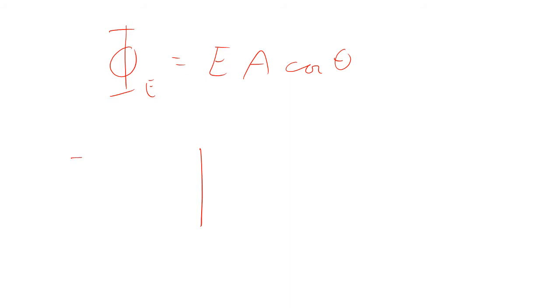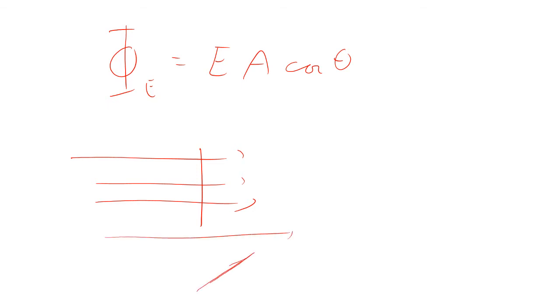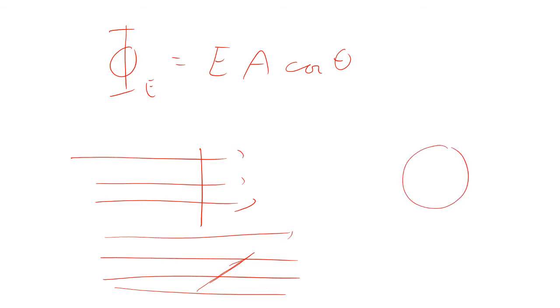So that gave rise to the idea that the electric flux is going to be E times A times the cosine of how much it was tilted. So in other words, the side view right here. So side view, we've got this, and then if we tilt it by 45 degrees, then less goes through. So that's the side view, top view.